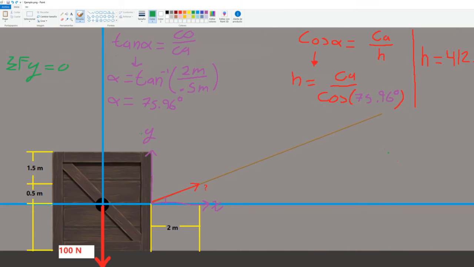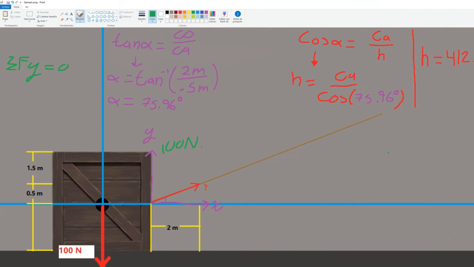And that force is 100 Newtons to satisfy the equation. But we need to determine the force of the rope and not of its components. For that, we need to use trigonometric functions.